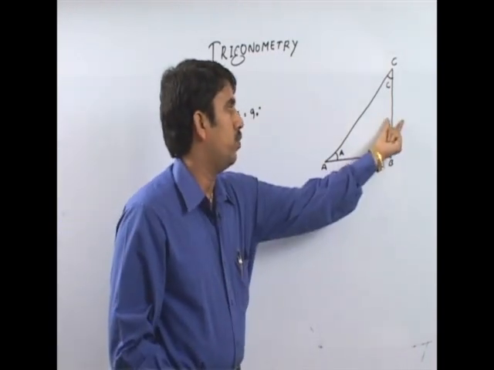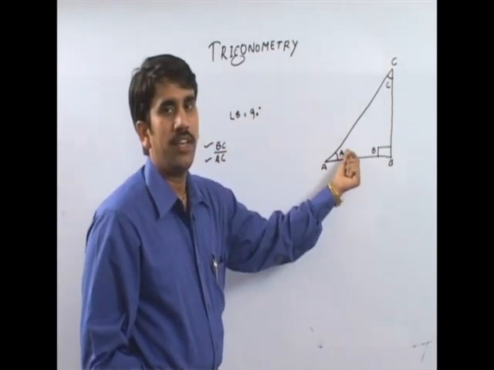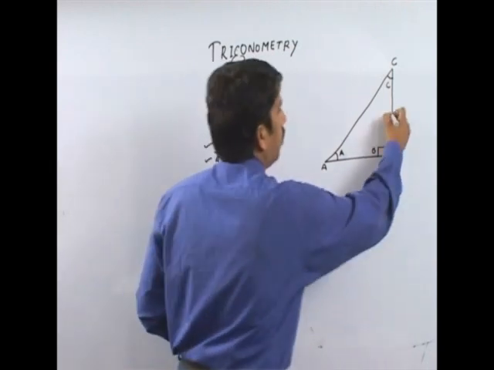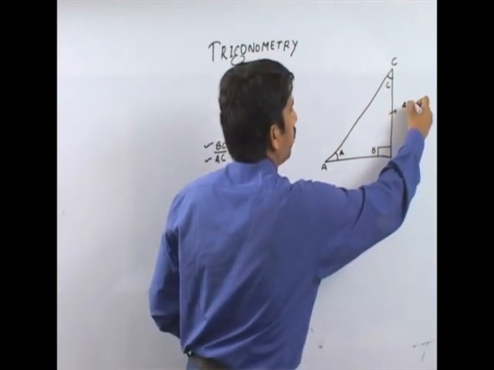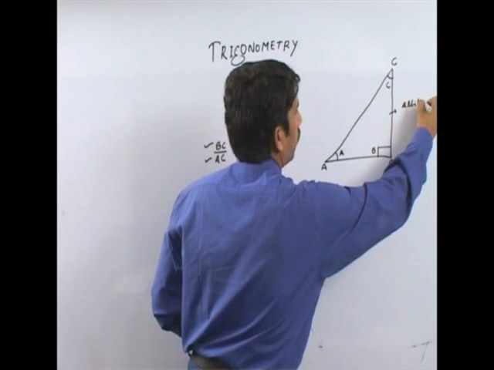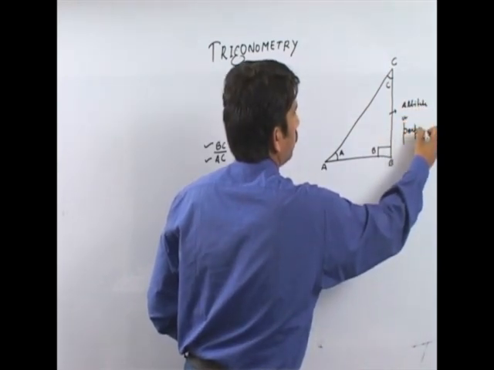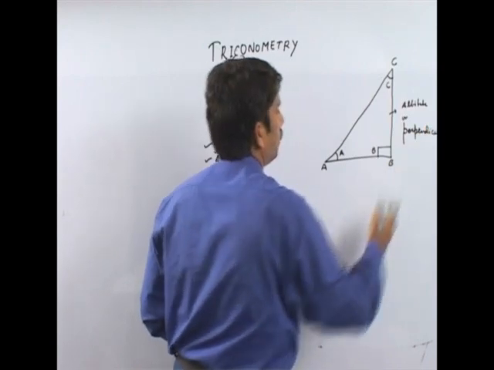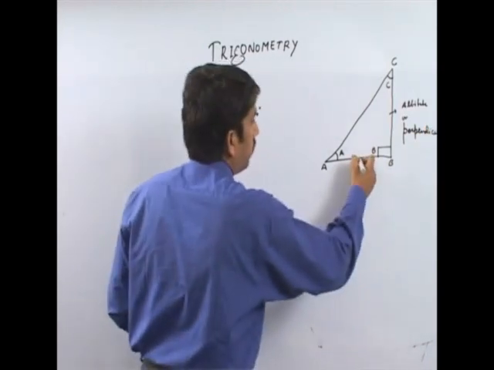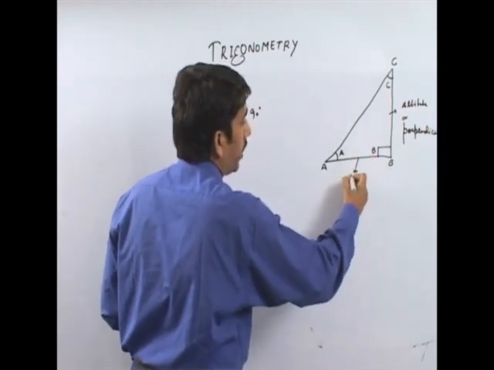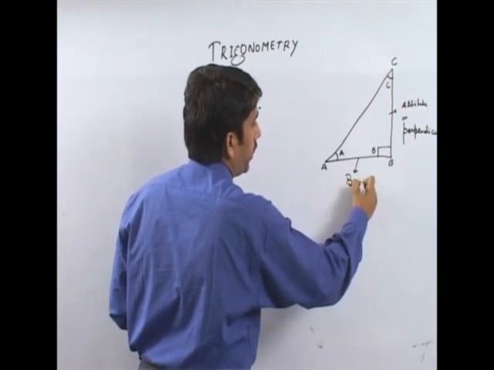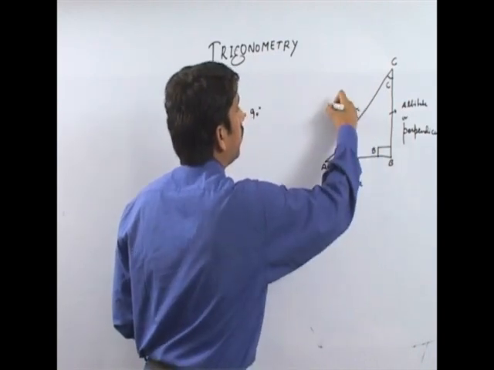The side opposite to an angle is called the altitude, or perpendicular. The side along the angle is called the base, and this is the hypotenuse.